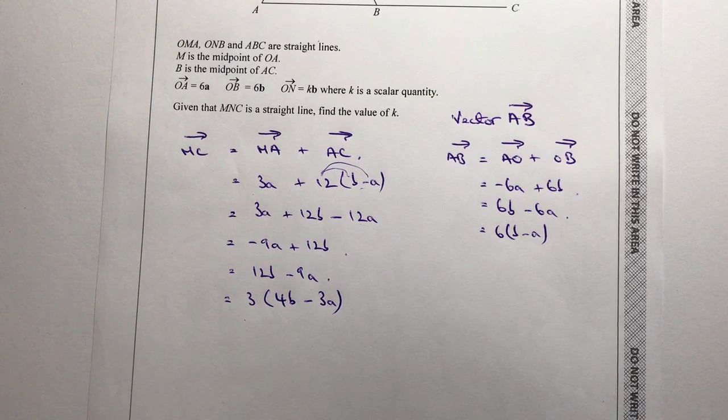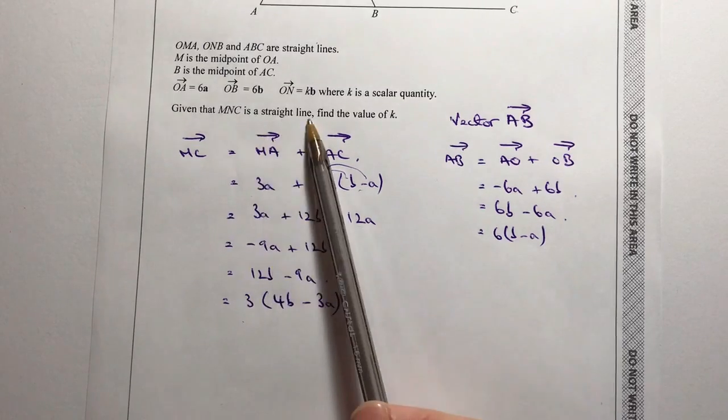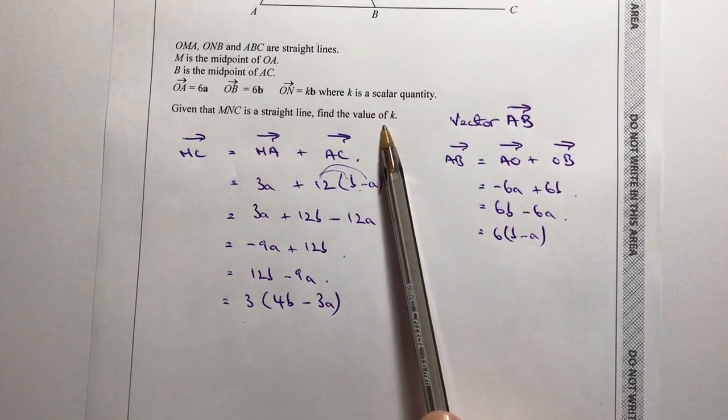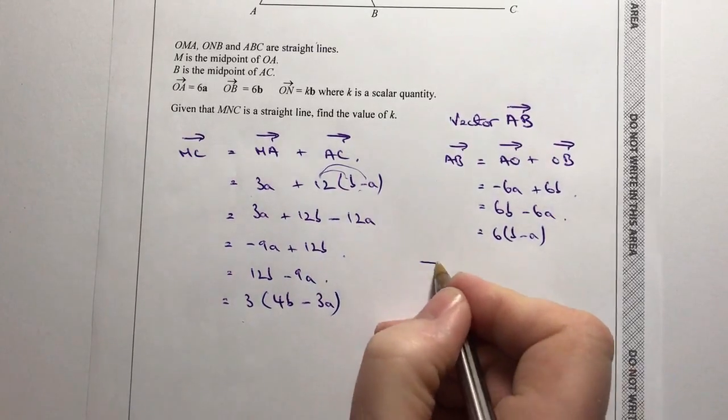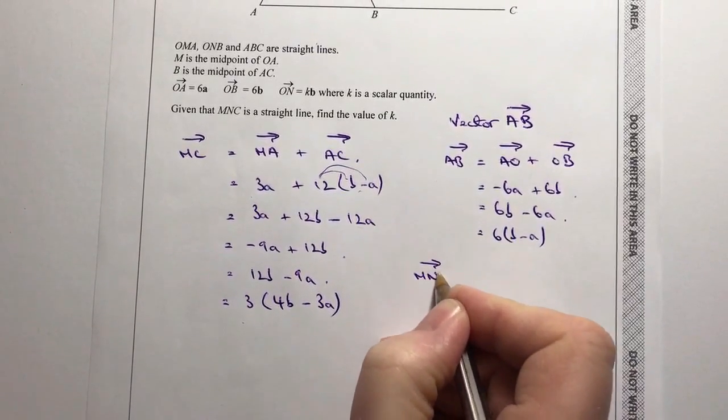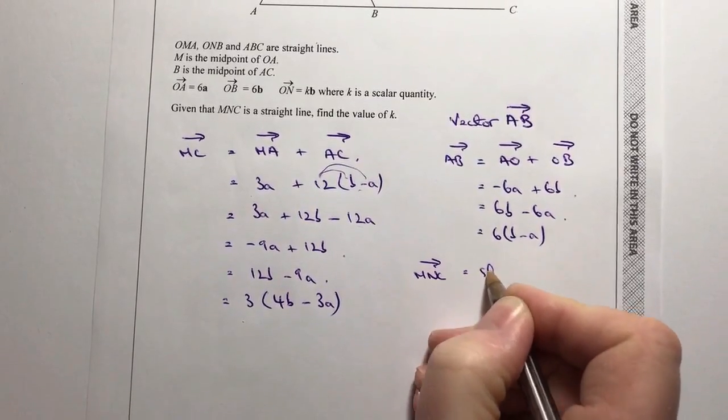This is really where your knowledge of vectors is going to come to the fore a little bit, because what we've been asked to do is, given that MNC is a straight line, find the value of k. Well, what we're saying is that vector MNC is a straight line.